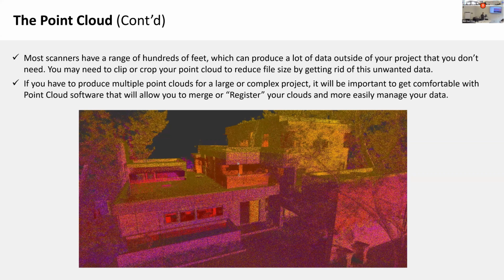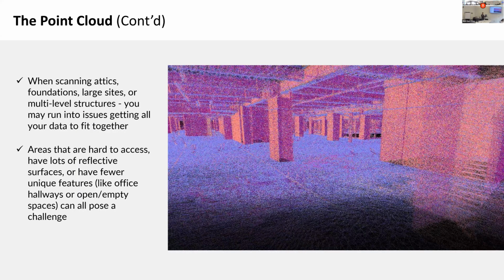Here's an example of a type of space that can create a bad scan. If it's a large open space with a lot of repeating structures and there's not a lot of discerning differences, sometimes that tricks the scan, and it's very easy to get a bad scan this way. I've done a warehouse myself where it was so open, with repeating columns all along.